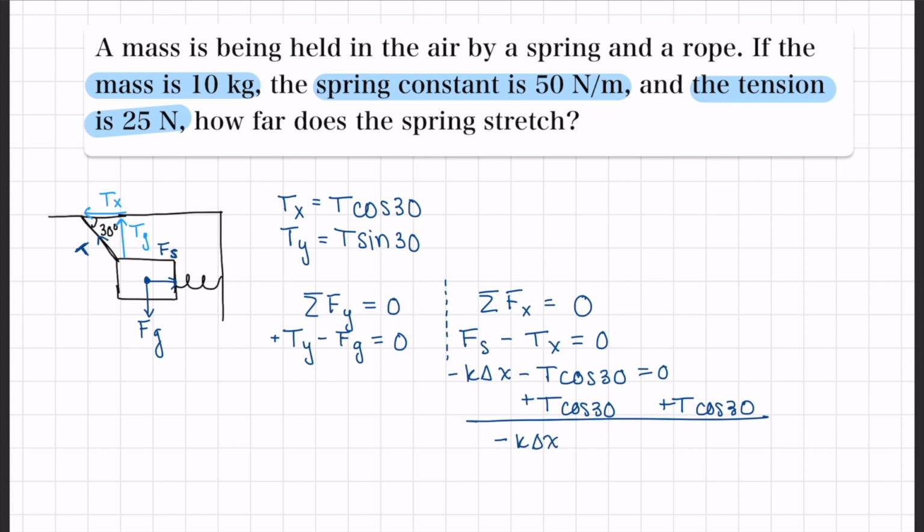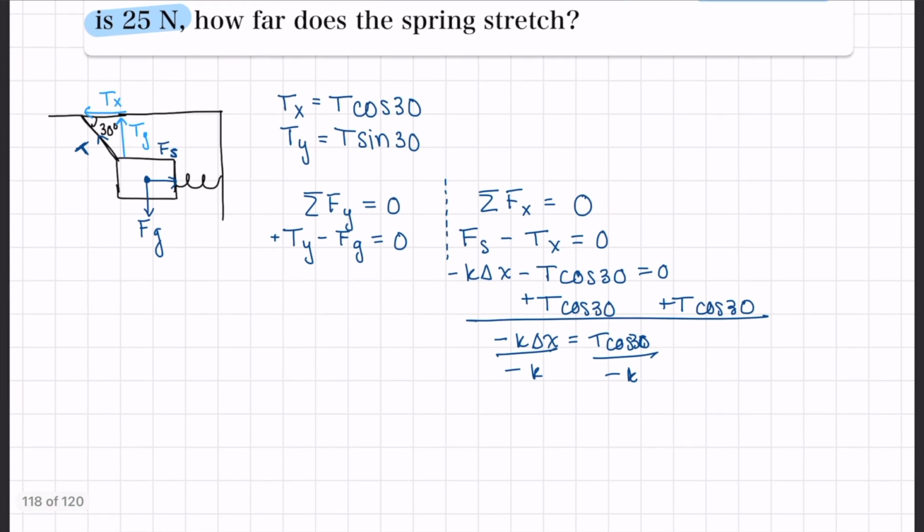So we get negative k delta x is T cosine 30, and then we can divide out this negative k. We'll plug in. Our T was 25 cosine 30 divided by negative 50, and this equals negative 0.433 meters.